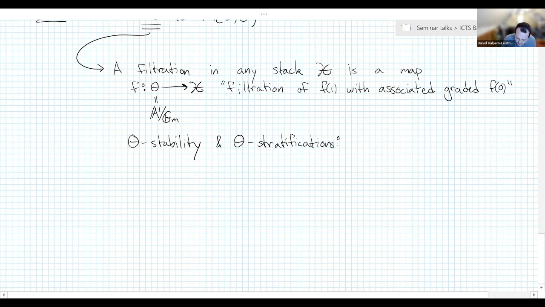It basically allows you to formulate the Harder-Narasimhan problem, so formulate the existence and uniqueness question for canonical filtrations.